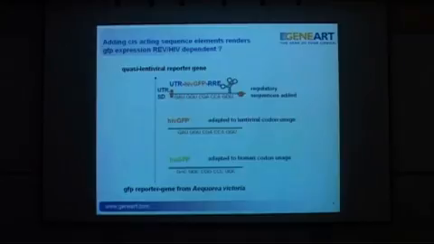And then in the next step, we added either the 5' untranslated region comprising a major splice donor site, or the 3' REV-responsive element, where the REV protein, the shuttle protein, binds, together with the weak splice acceptor site.